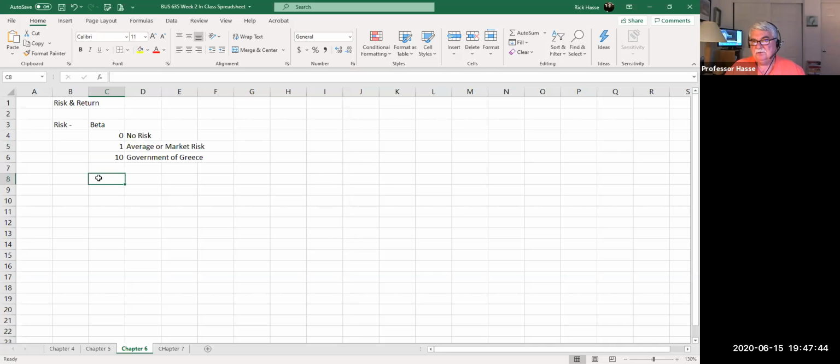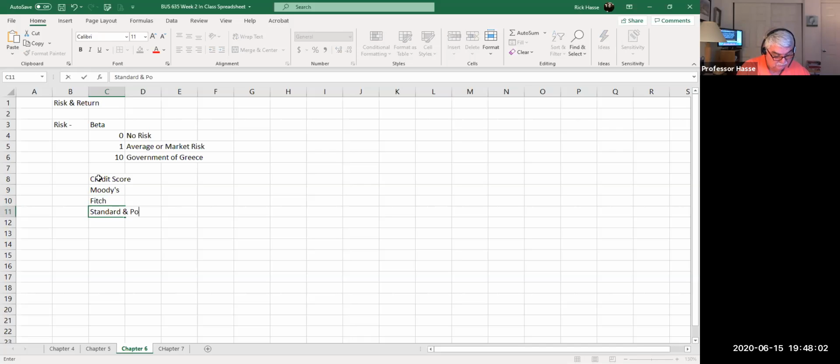Another calculation for risk is naturally our credit score. For corporations, that's Moody's, Fitch, Standard & Poor's. They're the rating agencies for corporations. That's another way of determining risk, your credit rating. You know this. If you have an 800 FICO score, you're probably going to get a very cheap loan.